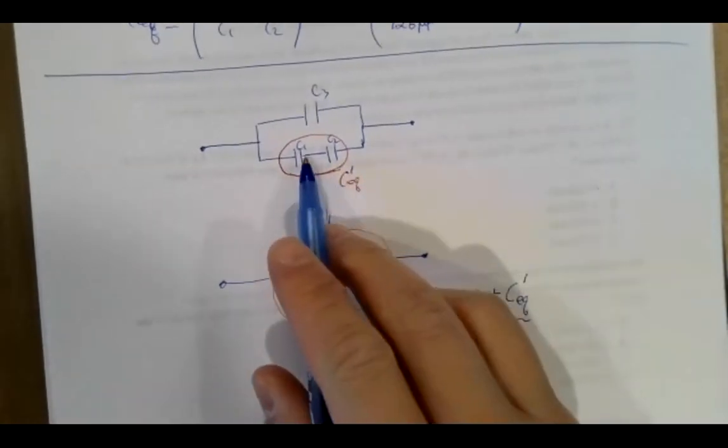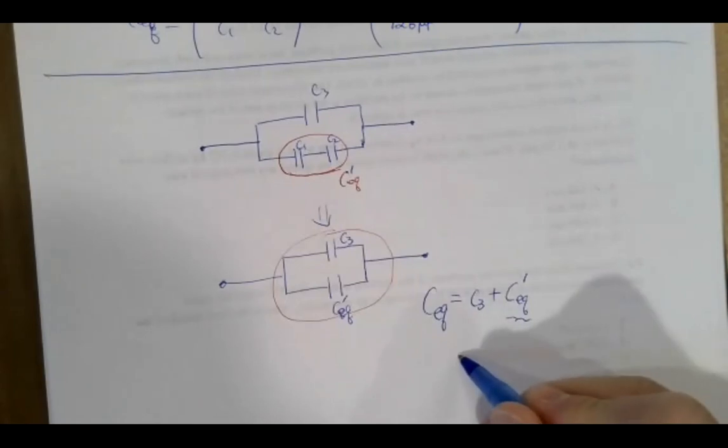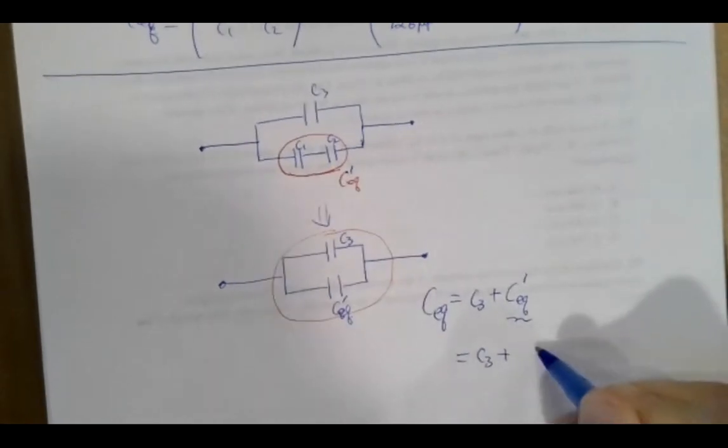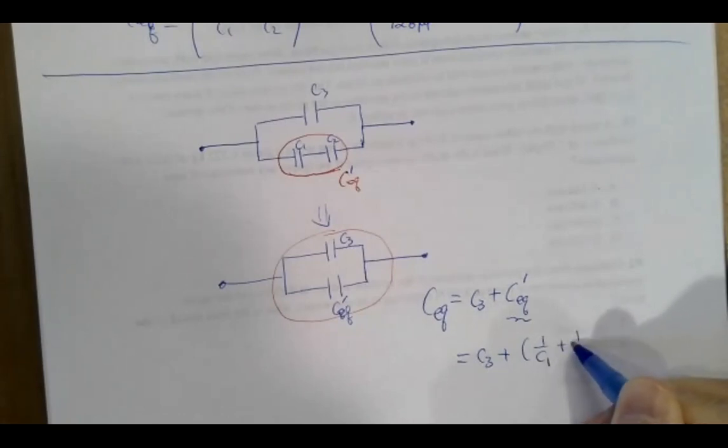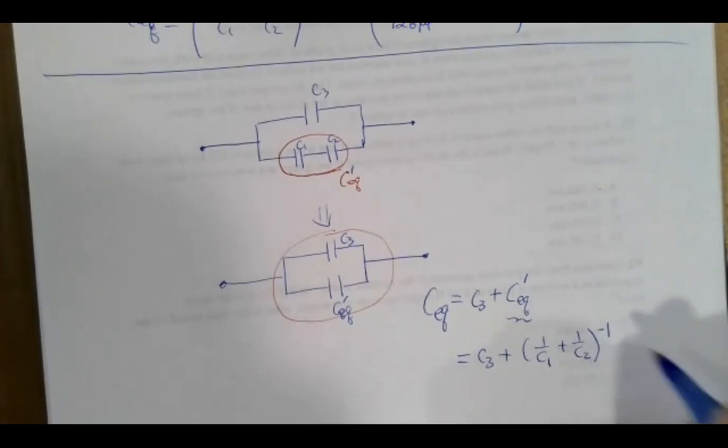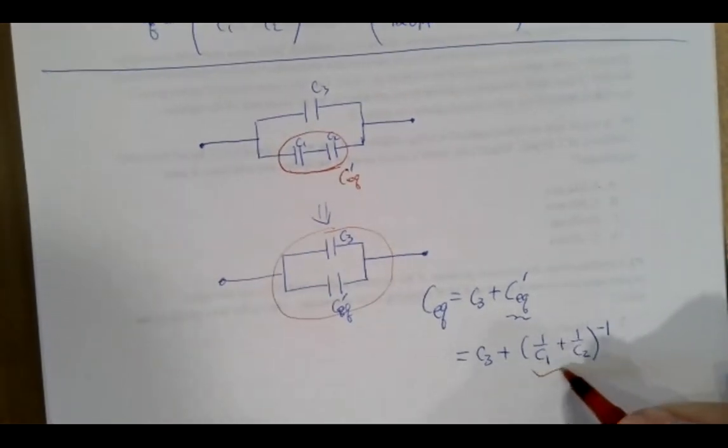Because C1 and C2 are in series, you do the inverse of C1 plus the inverse of C2, and then take the inverse of that. This is because they are in series.